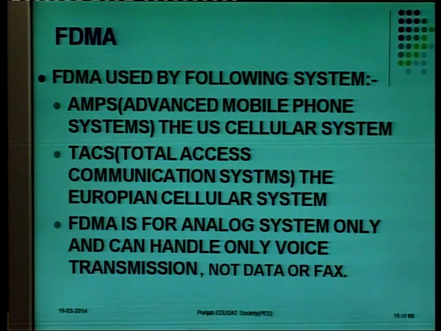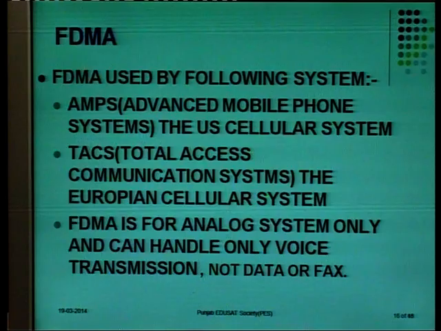FDMA was used in the beginning by the following systems: the advanced mobile phone system, AMPS, which is the United States cellular system, and the total access communication system, TACS, which is the European cellular system.